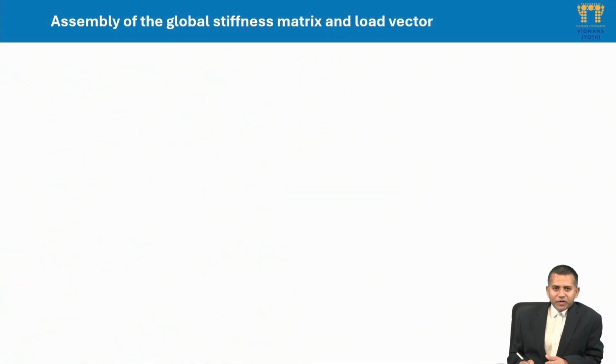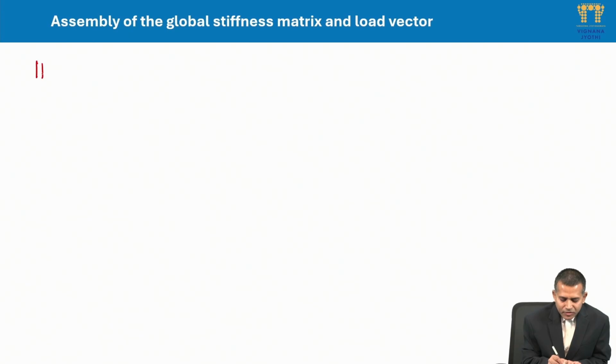If you remember, in the previous class we discussed how to write an expression for the element stiffness matrix for a two noded one dimensional bar element, which we derived from the potential energy expression. So again I am writing the potential energy expression phi, that's nothing but your strain energy and work potential.